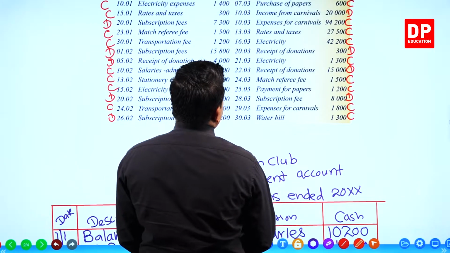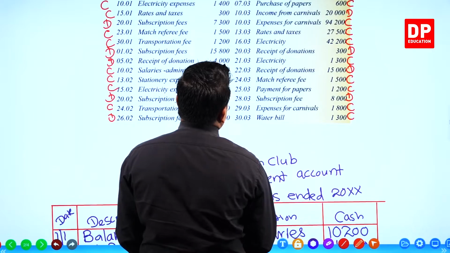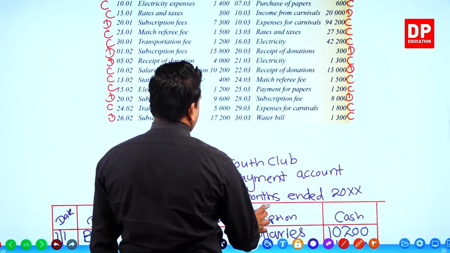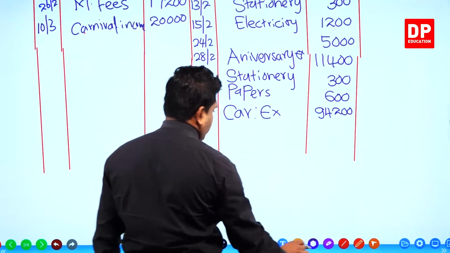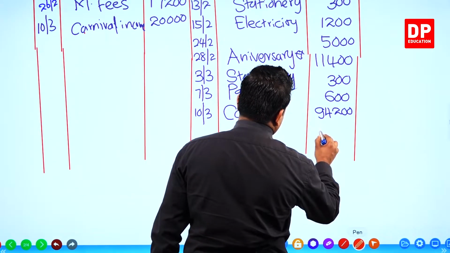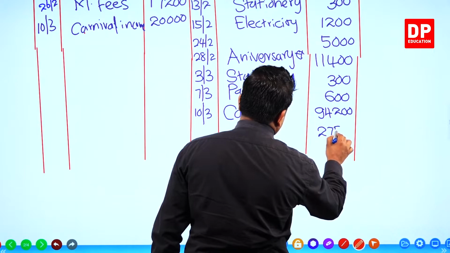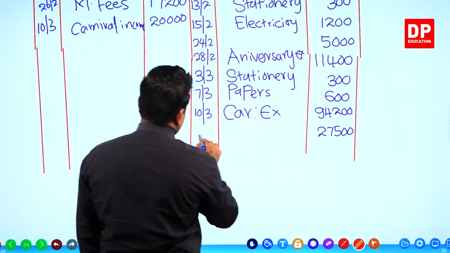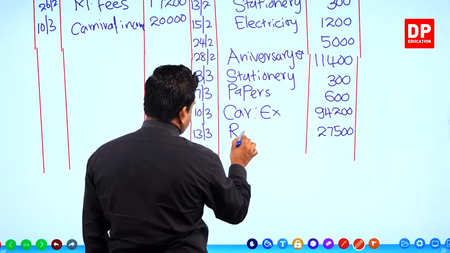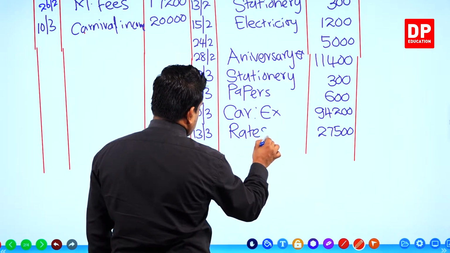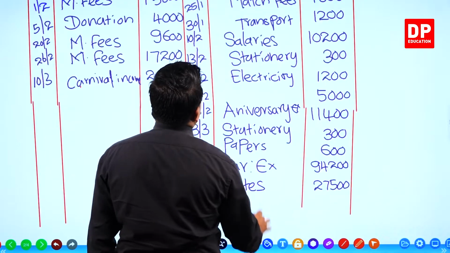Next. Rates and taxes 27,500. Date is 313. Rates. Next.